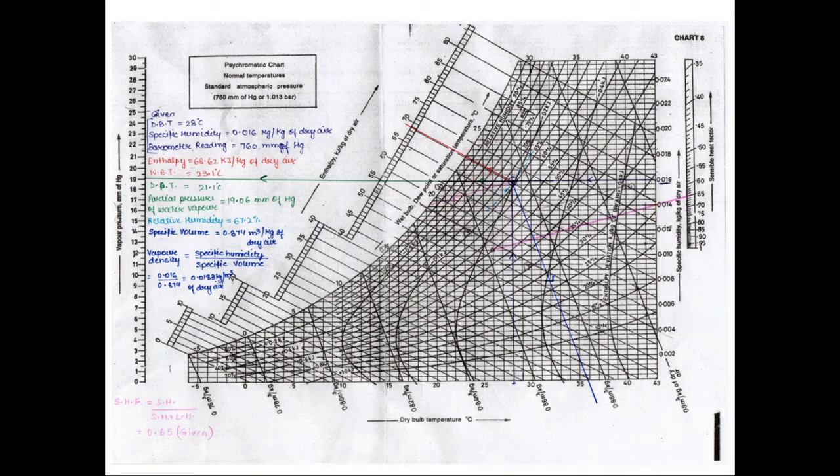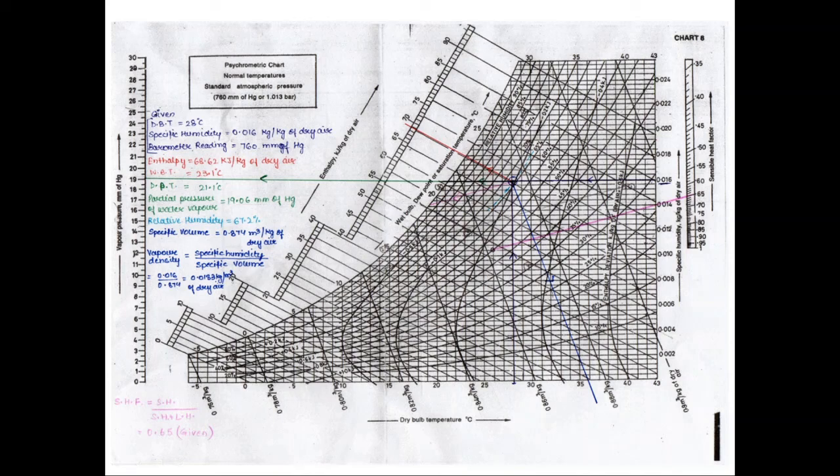Second thing is that we have to find out the value of sensible heat factor. In this case, again it is given that the value of the sensible heat factor is 0.65. So you can see on the scale that this is 0.60. Here we are having 0.65. You will mark a point here.